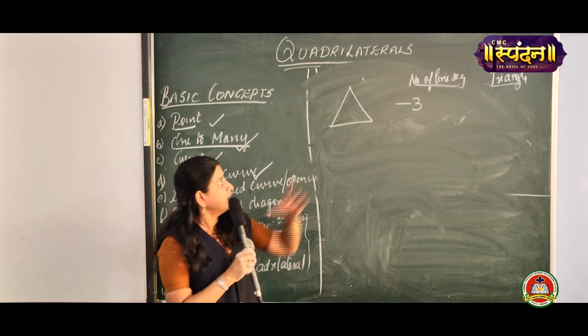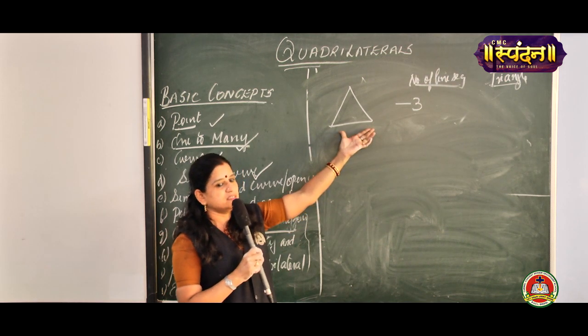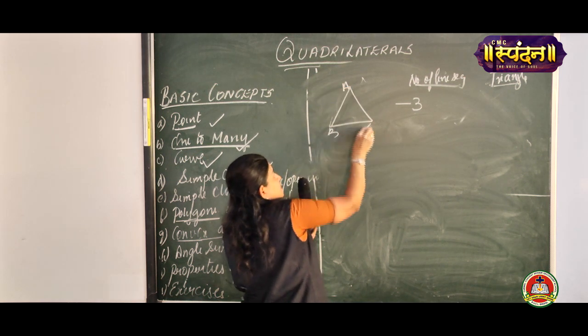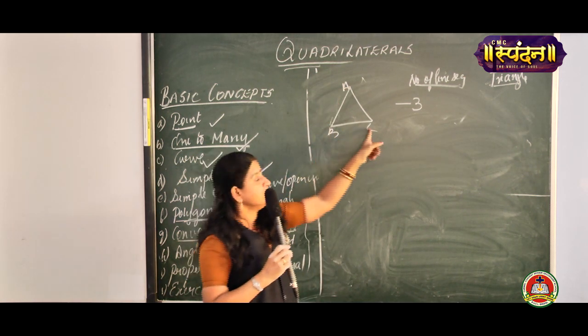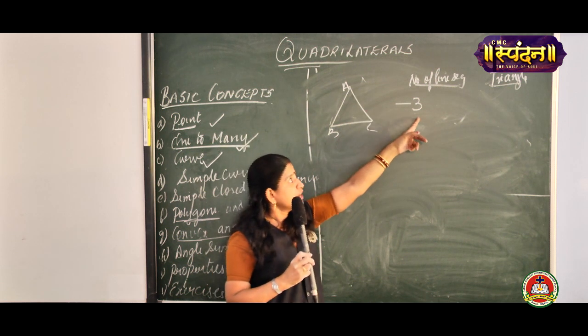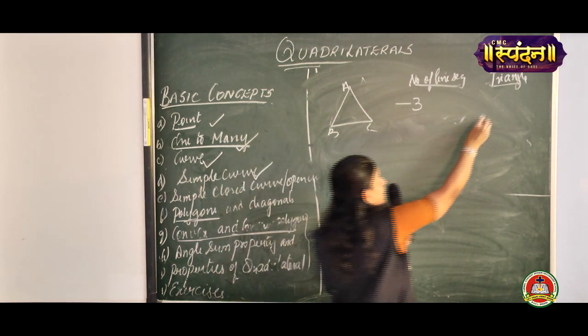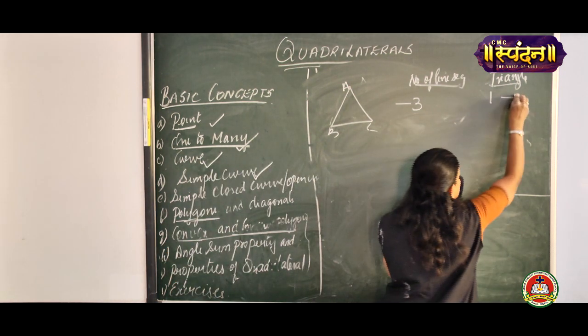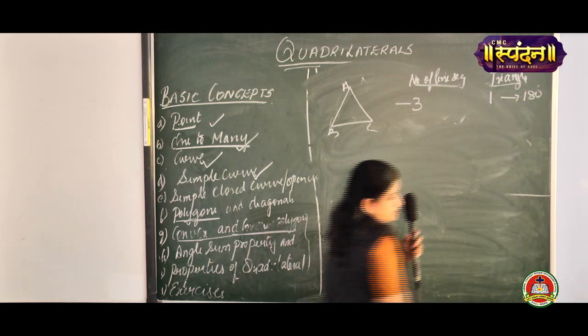In a triangle, how many line segments are there? 3 line segments, that is AB, BC and CA. If you are having 3 line segments, how many triangles do you have? 1 triangle. If you are having 1 triangle, just now you proved the angle is 180 degrees.